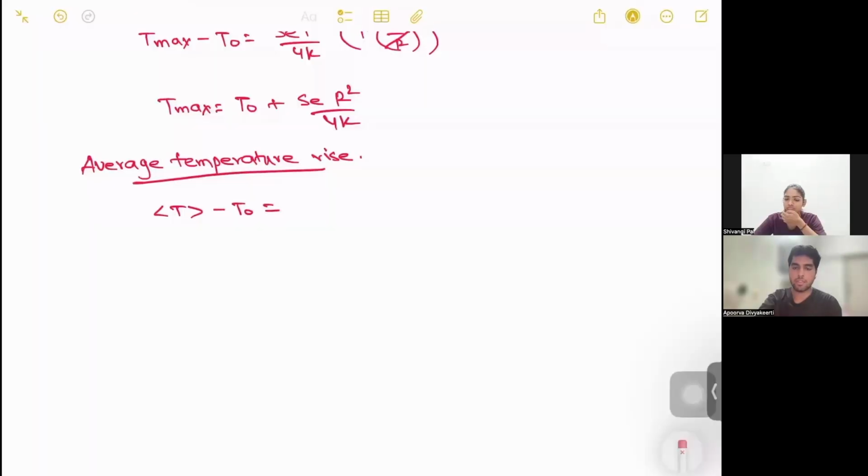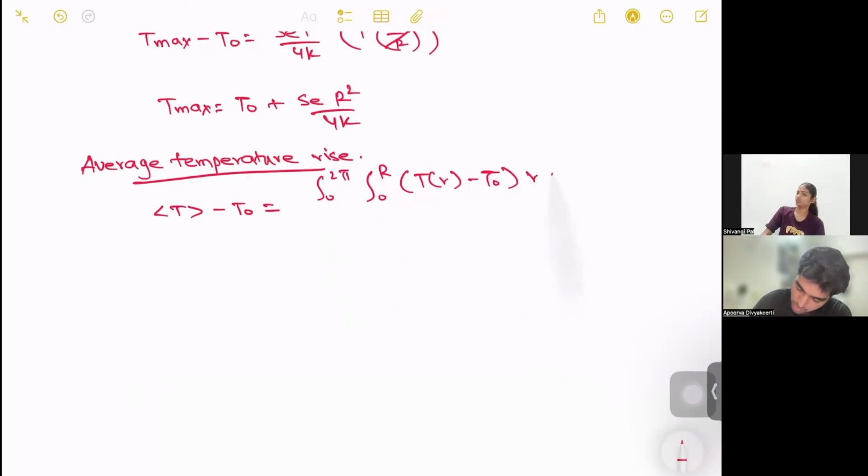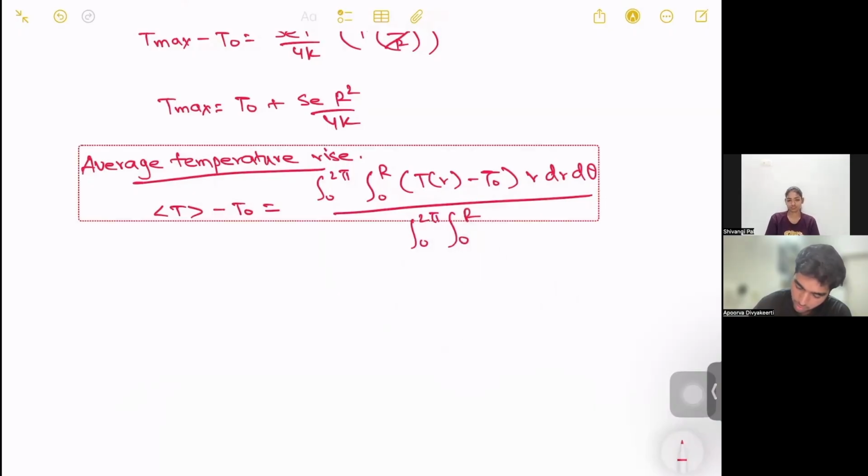So we have something like integral 0 to 2 pi, integral 0 to R of (T of r minus T naught) into r dr d theta, divided by integral 0 to 2 pi, integral 0 to R of r dr d theta.